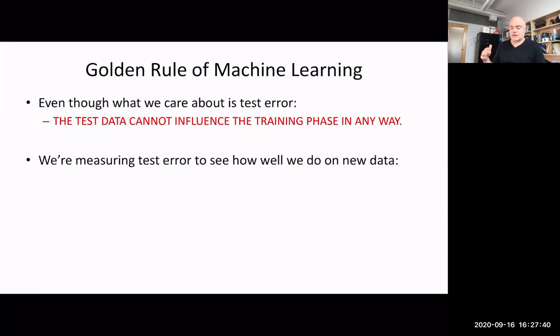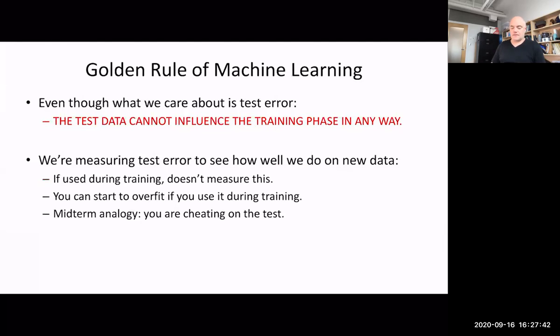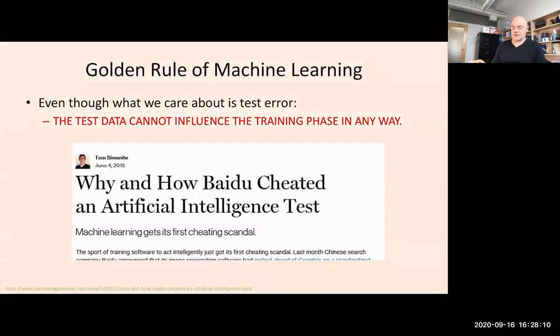We'll measure test error to see how well we do on new data, but if we use the test error during training, this measurement does not serve as an unbiased prediction of how we'll do on true test data, stuff that we actually don't have the labels for. You can basically start to overfit, and to extend the midterm analogy, it's like cheating on the test.